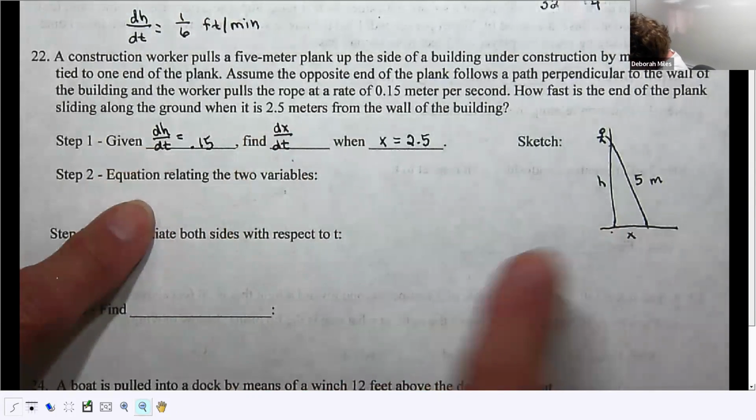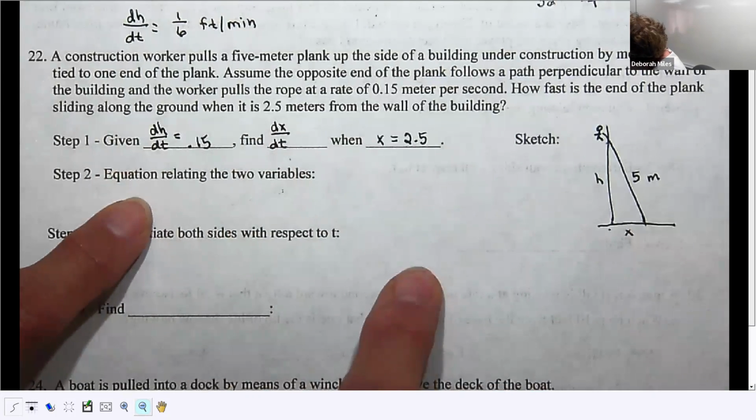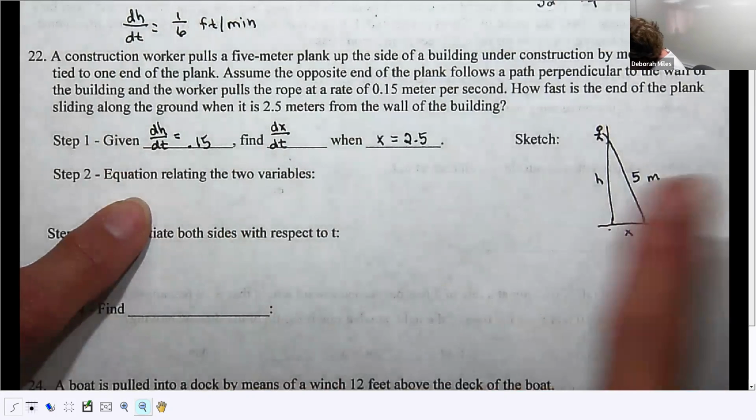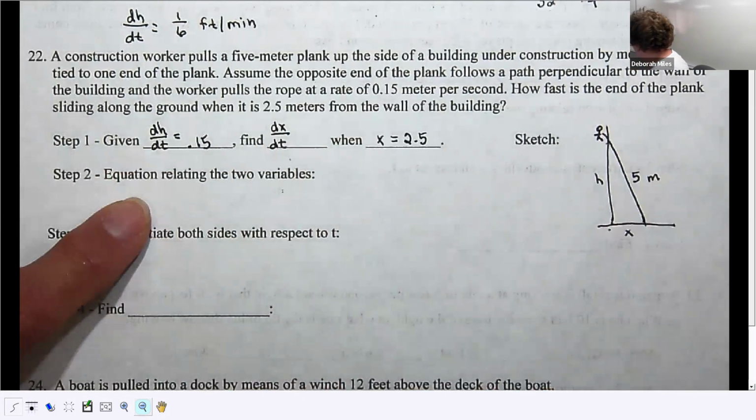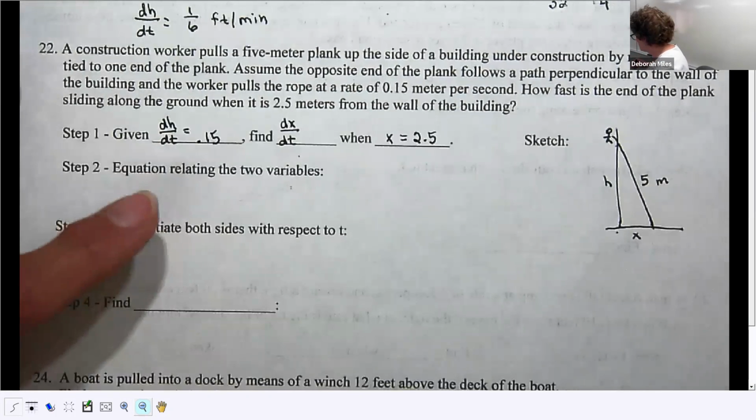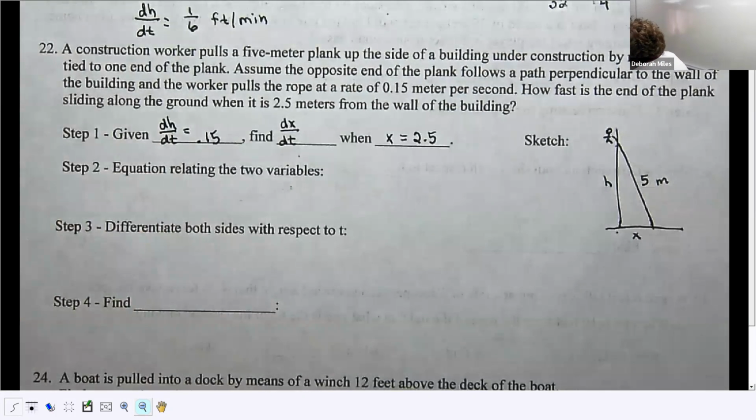All right. What equation would involve the x and the h and the 5? The area of the triangle really wouldn't depend on the 5.